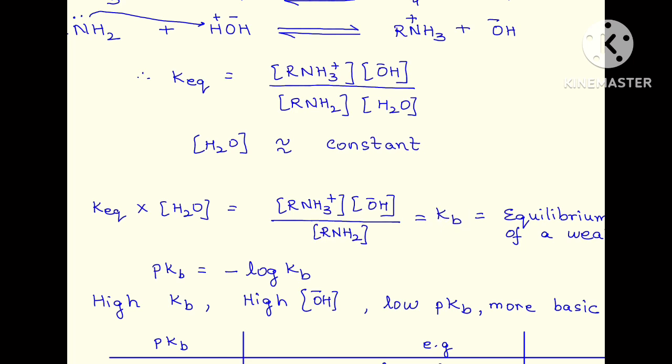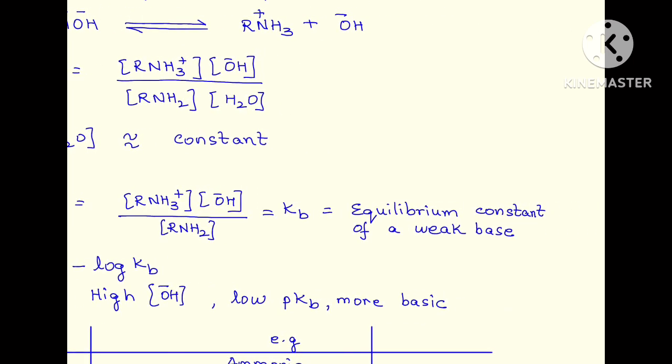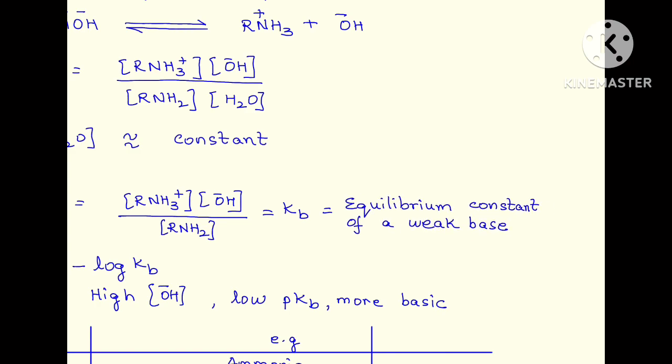So Kb is the concentration of RNH3 positive, that is the ammonium ion coming from the primary amine, times hydroxide ions, divided by the concentration of the amine taken initially. So we call it the equilibrium constant of a weak base.